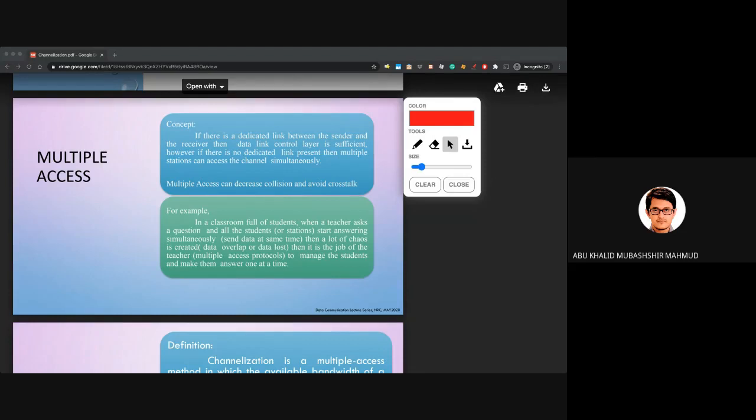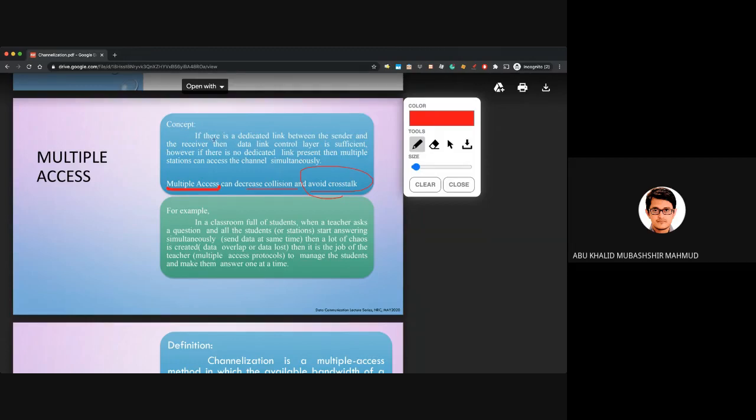So that's the concept why we require this multiple access. So in a nutshell, we require multiple access because we want to decrease the collisions and avoid the crosstalks. We don't need that. It hampers the effectiveness of data communication.